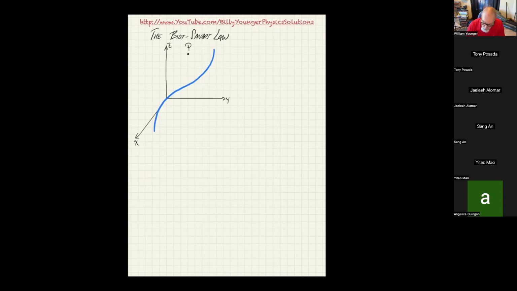What we can do is define a vector that points from the origin to that point P. That vector is going to be called r sub P. I am going to draw that with a green vector like that, and that vector, as I said, is called r subscript P.